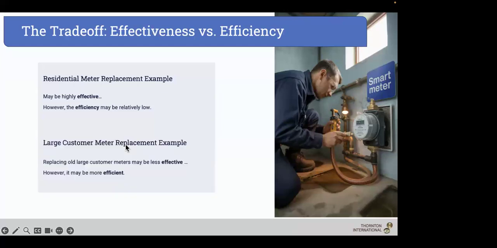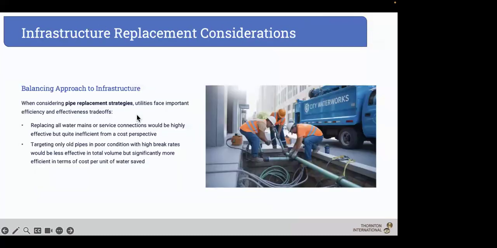On the other hand, if you think of changing the large customer meters, replacing the old large customer meters may be less effective in terms of total water billing increase. However, it may be more efficient as the cost-benefit ratio could be more favorable due to higher consumption rates and tariffs for these customers. Another example is infrastructure replacement.